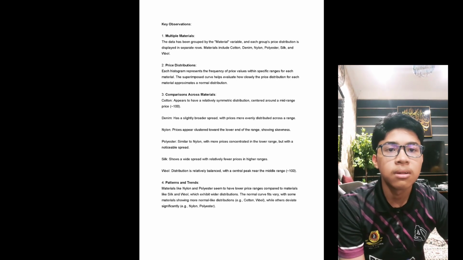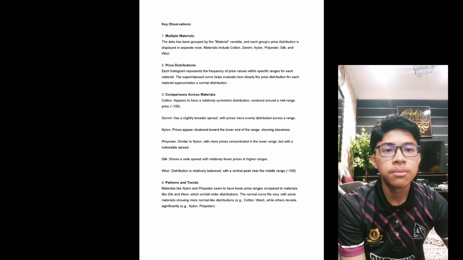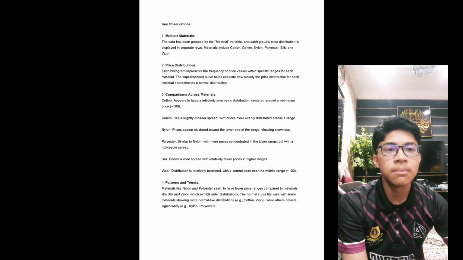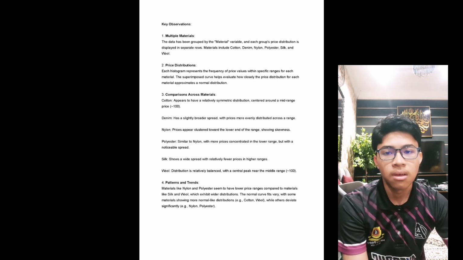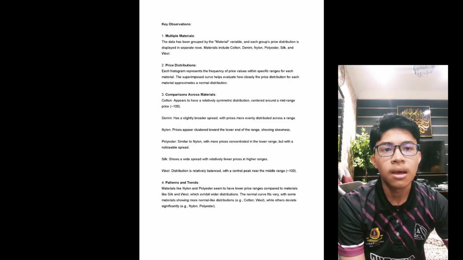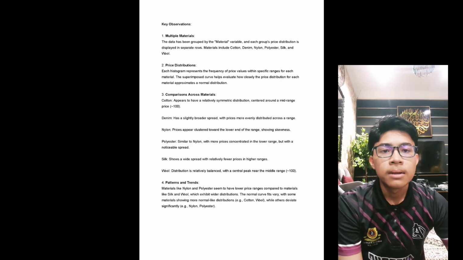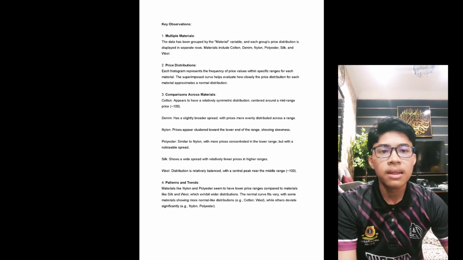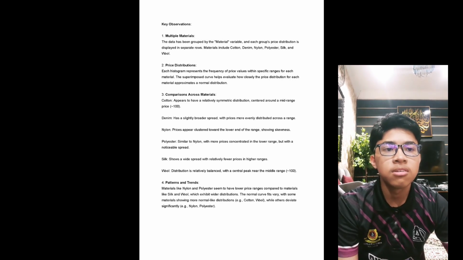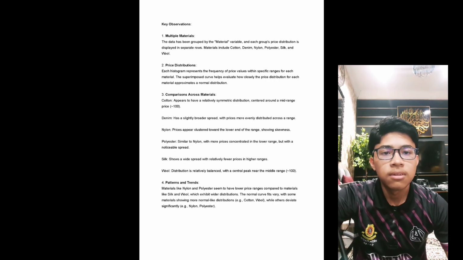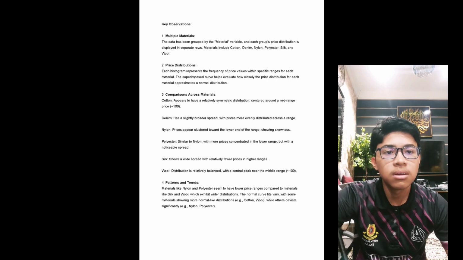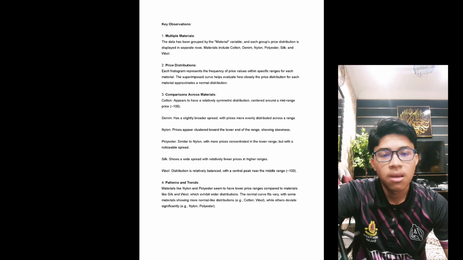Comparison across material. For cotton, it appears to have a relatively symmetric distribution centered around a mid-range price, which is approximately 100 ringgit. Denim has a slightly broader spread with prices more evenly distributed across a range. After that, nylon, whose prices appear clustered toward the lower end of the range, showing skewness.